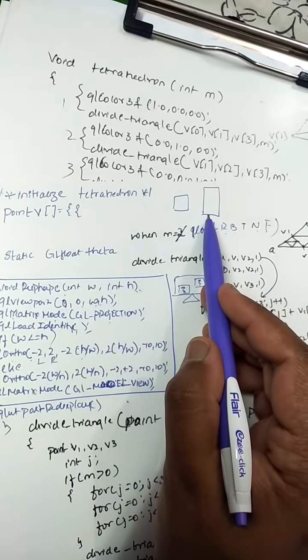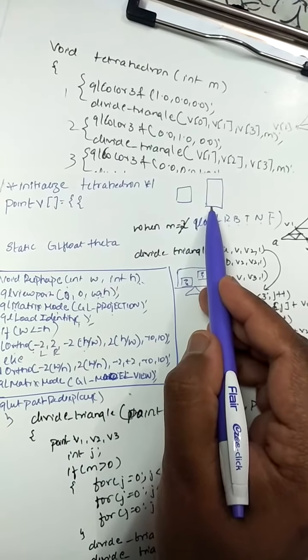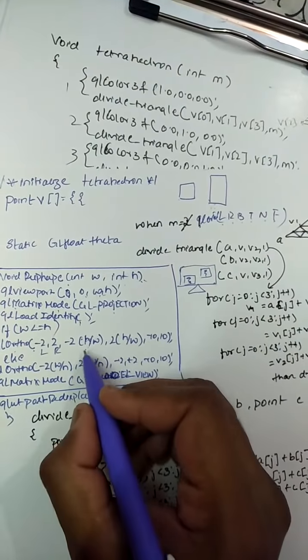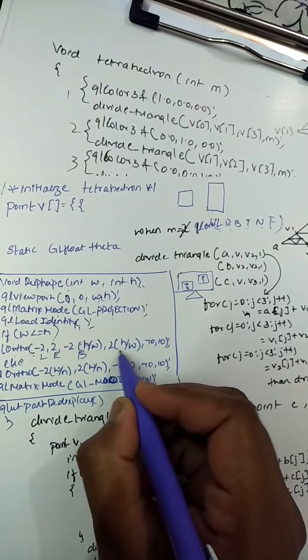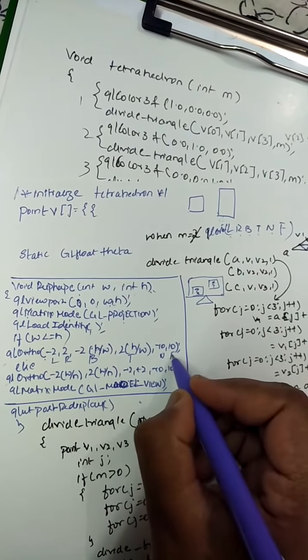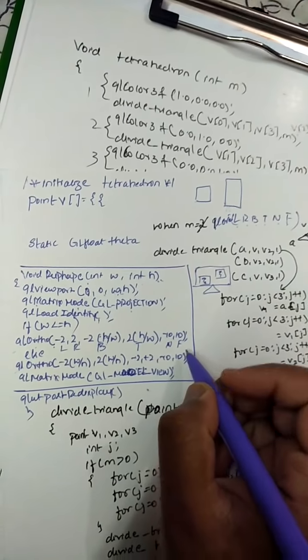So it gets back to the actual size if it has been distorted. So this is bottom and top value. This is near and far, minus 10 and 10.